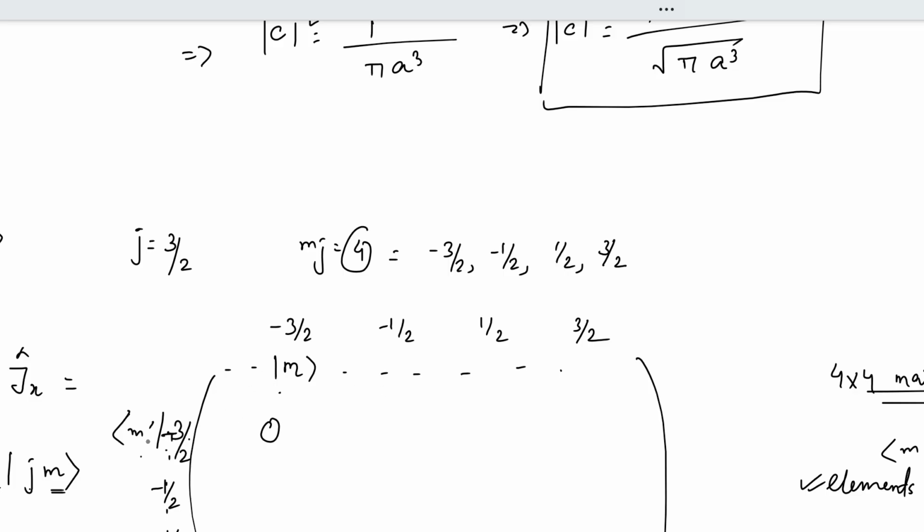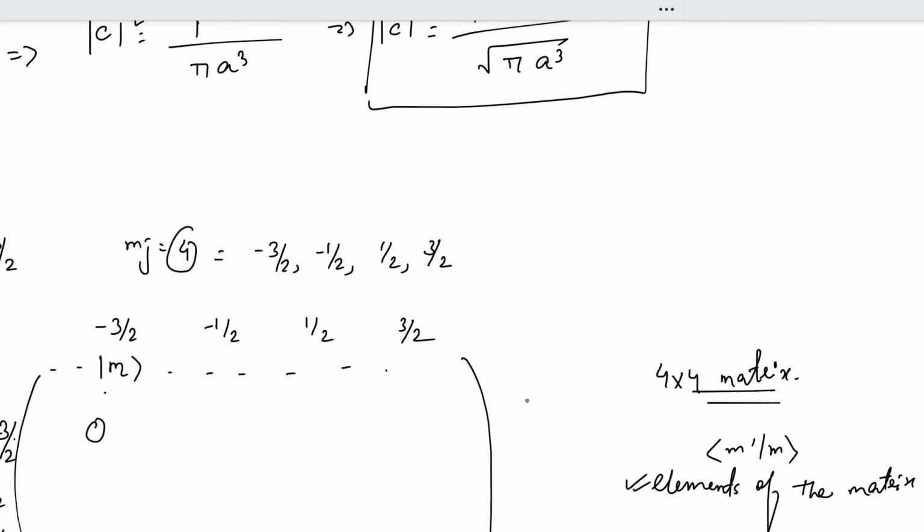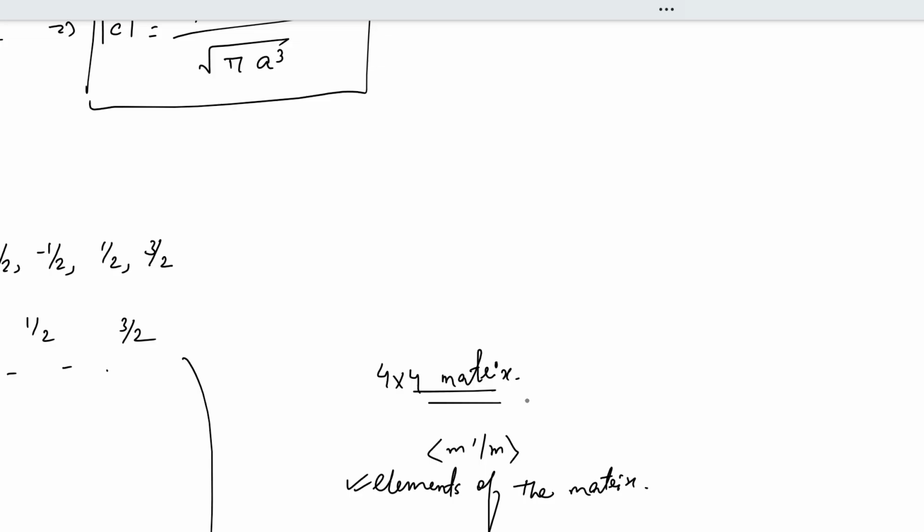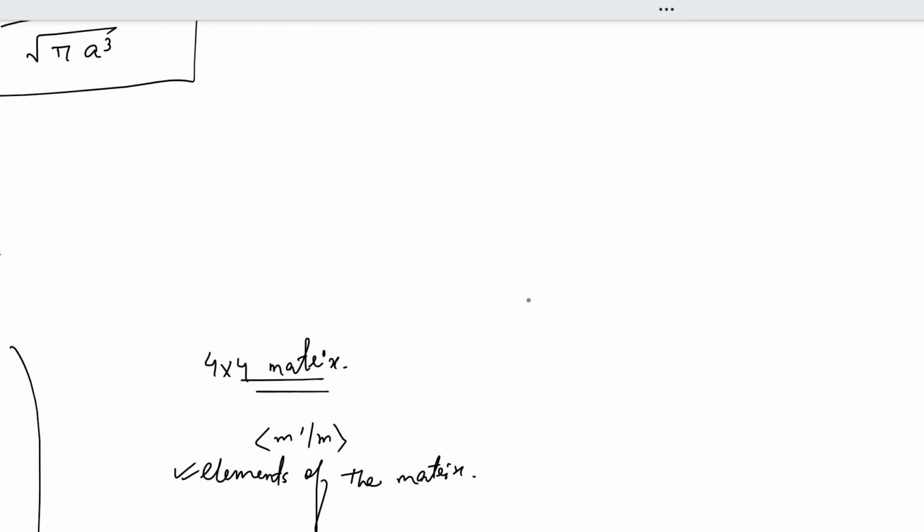Now for the next case, m prime is minus 3 by 2 and m is equal to minus half. You can map out when it is the case of m plus 1 and when it is the case of m minus 1. For the j plus case, m prime is m plus 1, and the other case is j minus, where m prime is m minus 1.